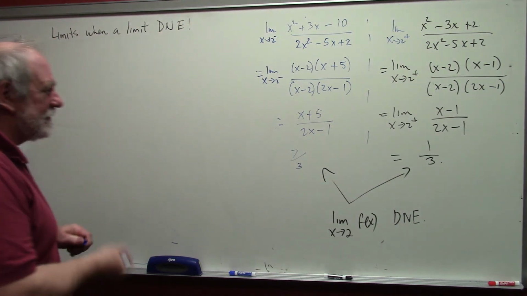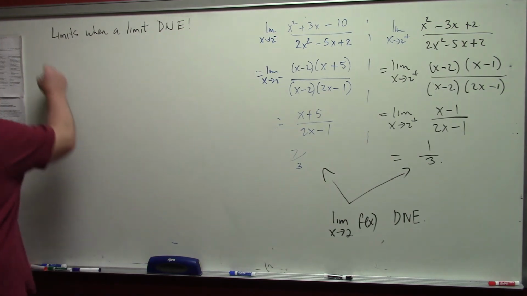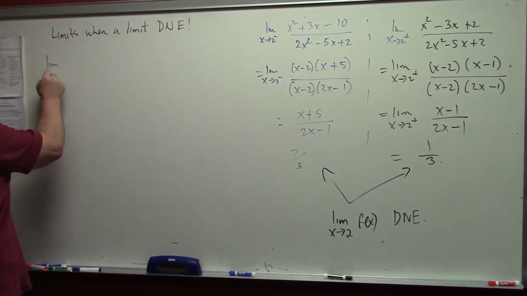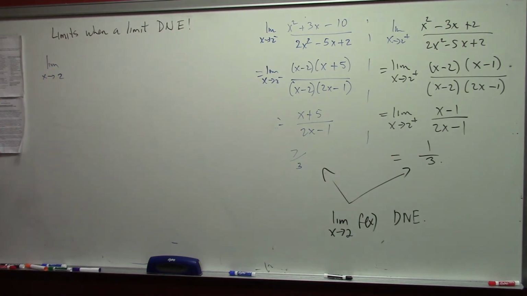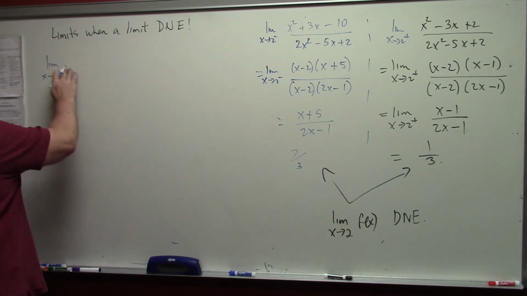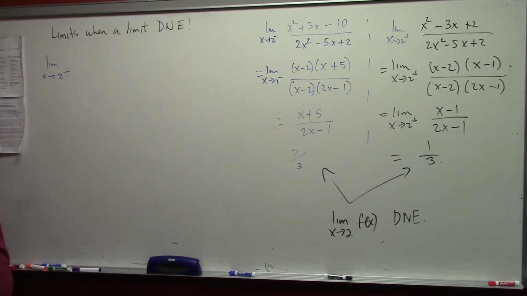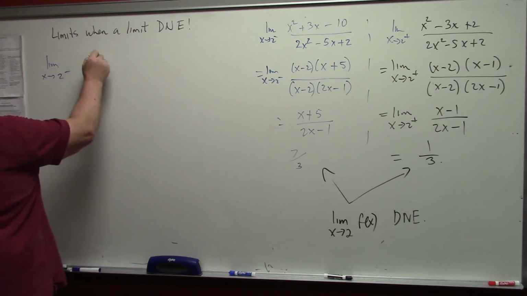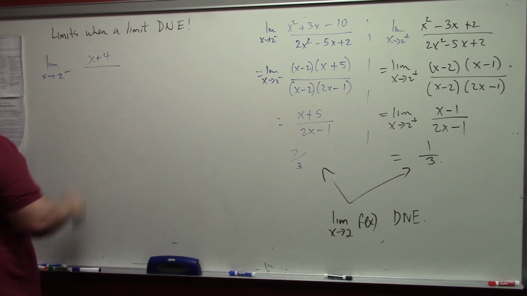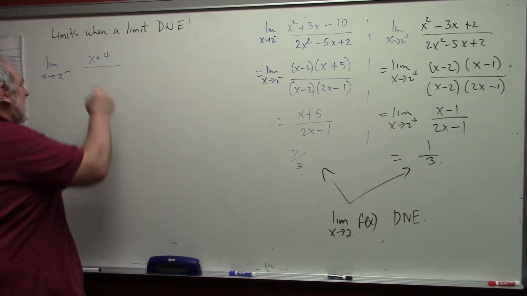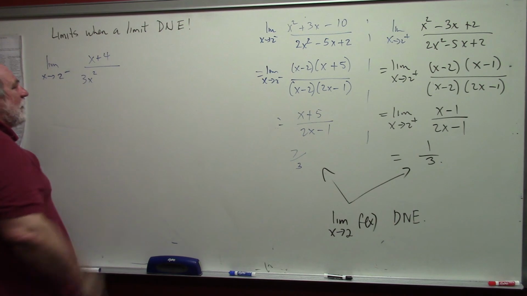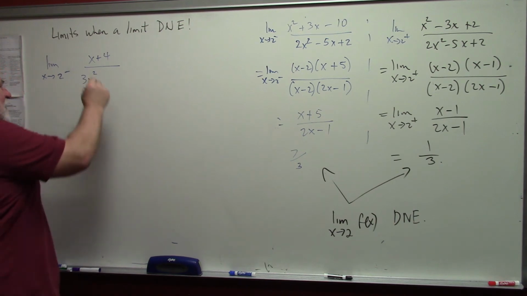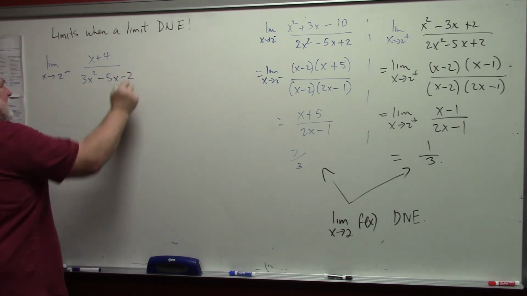For example, let's consider the limit as x approaches 2, let's pick a side here, let's go 2 from the left, actually, of x plus 4 over 3x squared minus 5x minus 2.